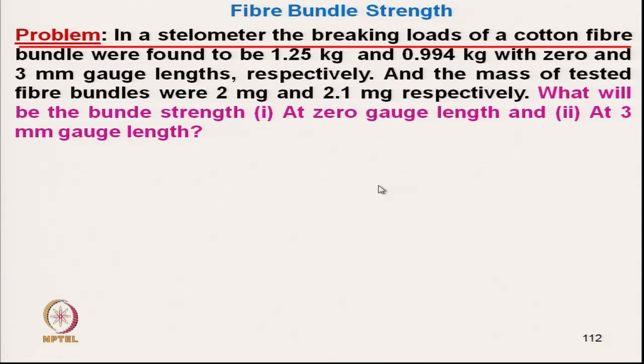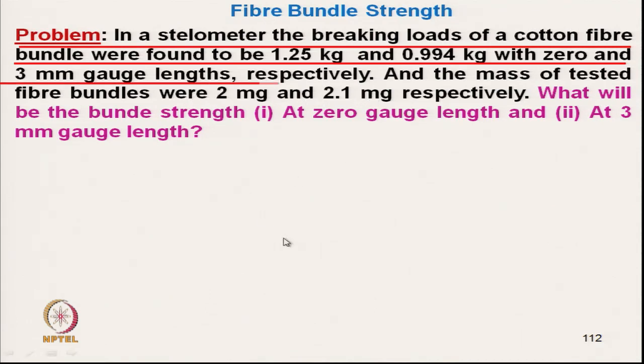In a Stelometer, the breaking load of a cotton fiber bundle was found to be 1.25 kg and 0.994 kg with 0 and 3 millimeter gauge lengths respectively.